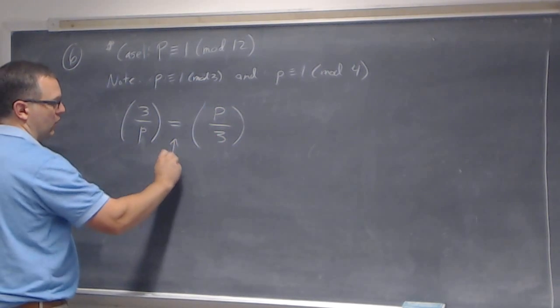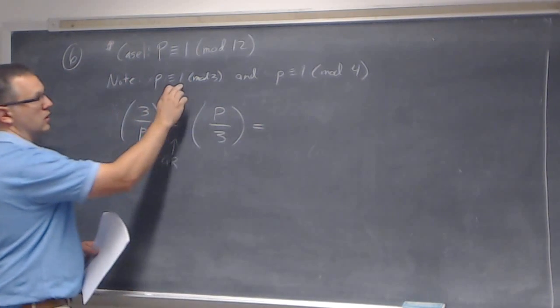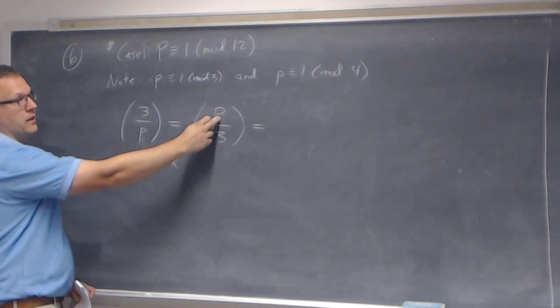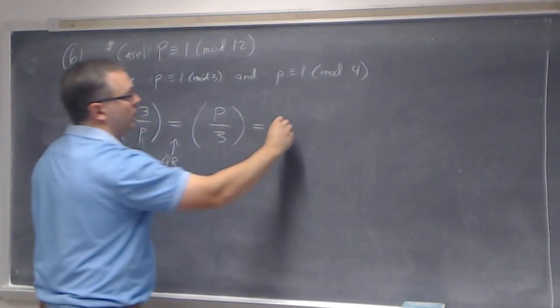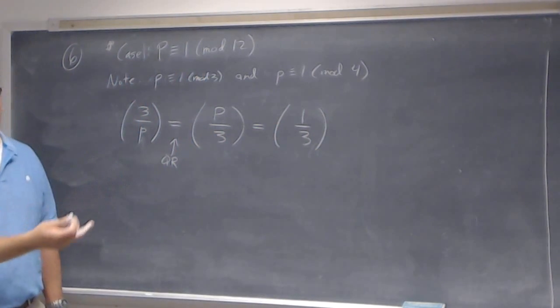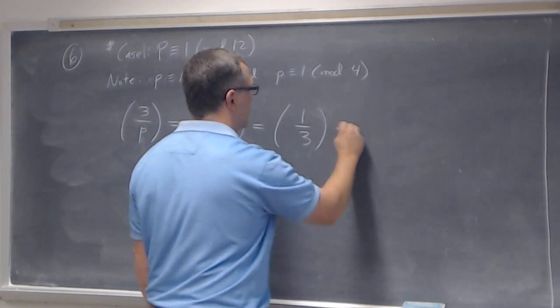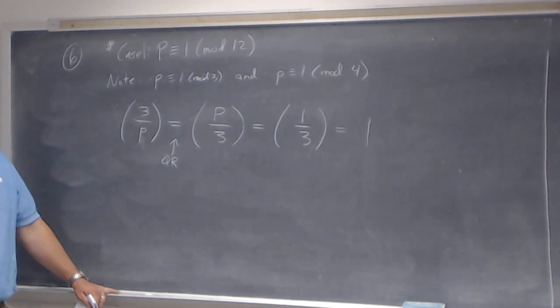That's the law of quadratic reciprocity. But P is congruent to 1 mod 3, so I can replace P with its residue mod 3. And 1 is a perfect square, 1 squared is 1. So this Legendre symbol will evaluate to 1.